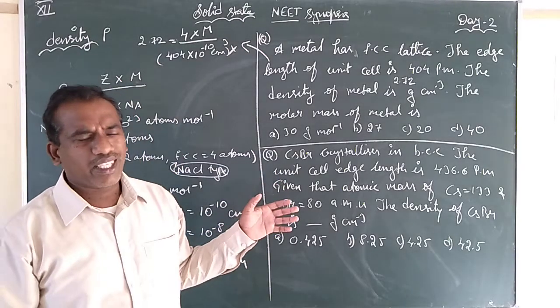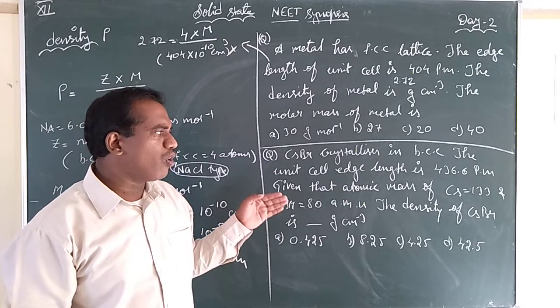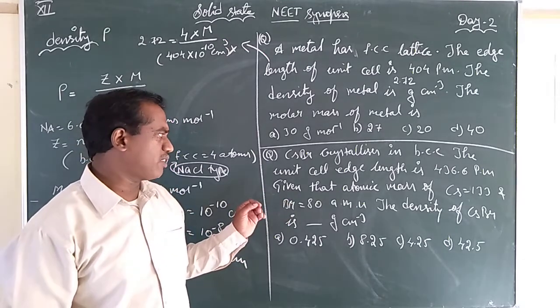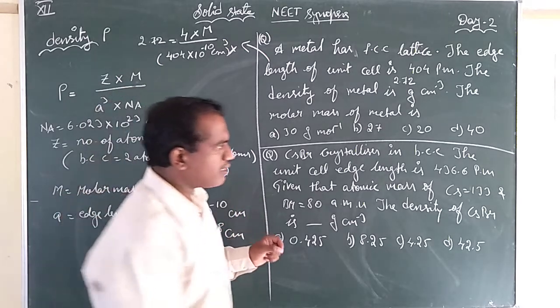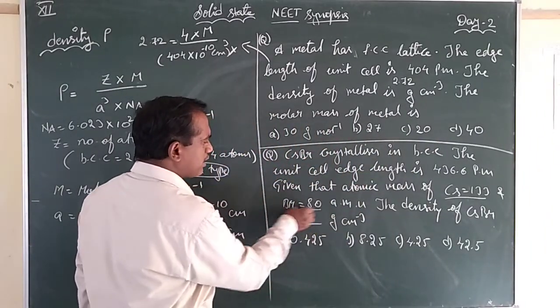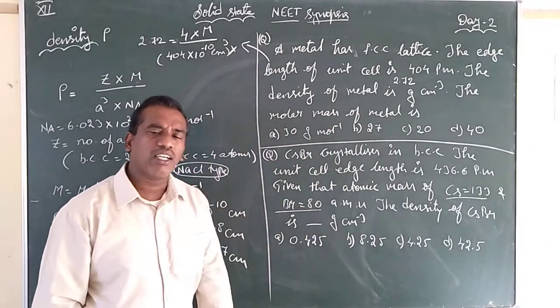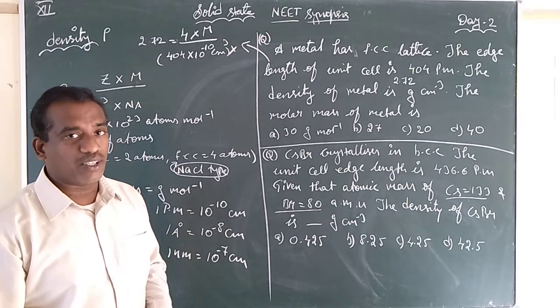Cesium bromide crystallizes in BCC. The unit cell edge length is 436.6 picometers. Given that the atomic mass of cesium is 133 and of bromine is 80. See here, children, they didn't mention the molecular mass, they gave the atomic mass.